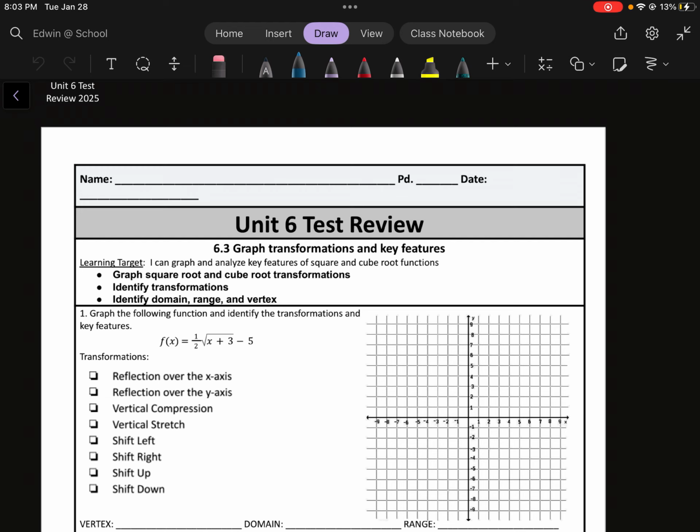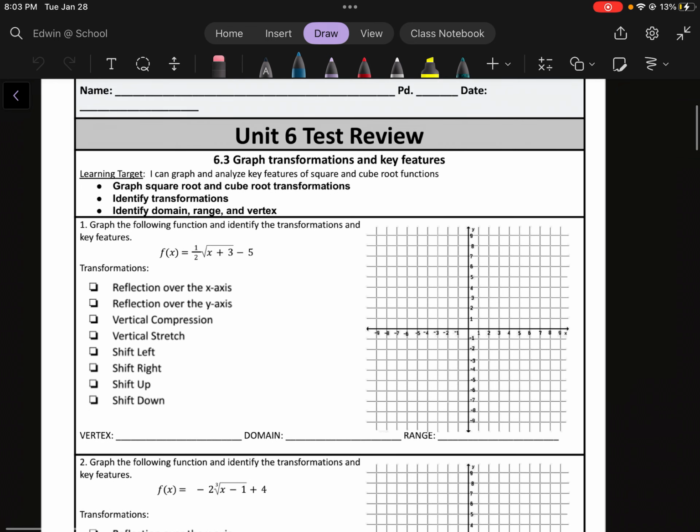Now we're going to start off with 6.3, which is graph transformations. That involves knowing how to graph square root and cube root transformations importantly. And also you need to know the domain and range and the starting point or the vertex. Now for this one, we are going to just set it up.